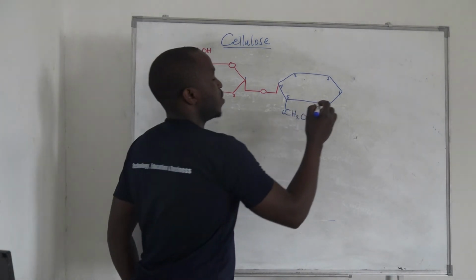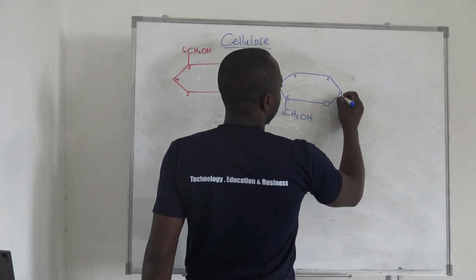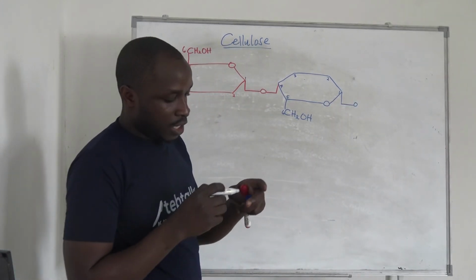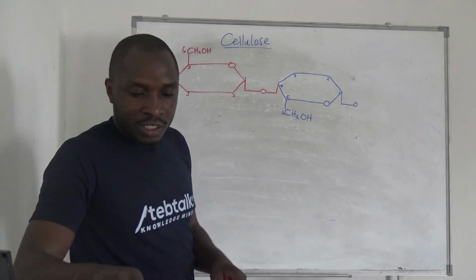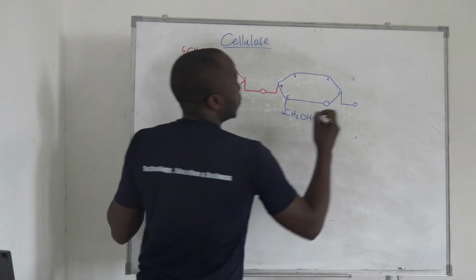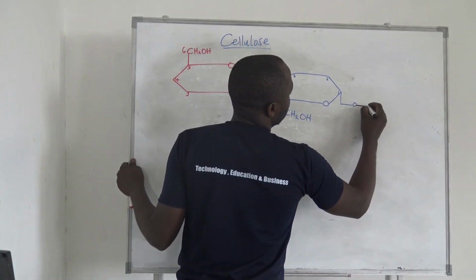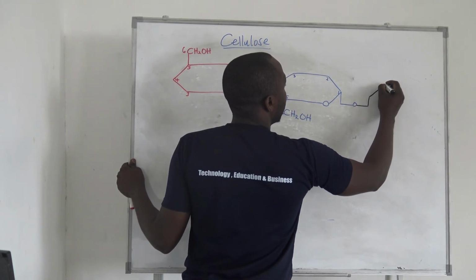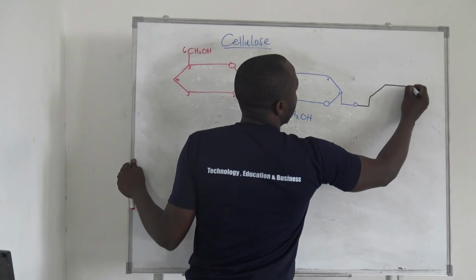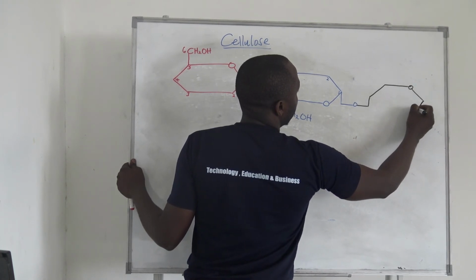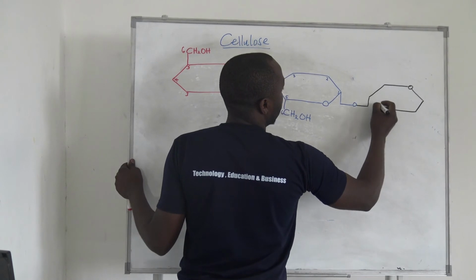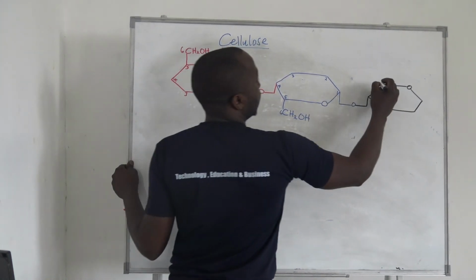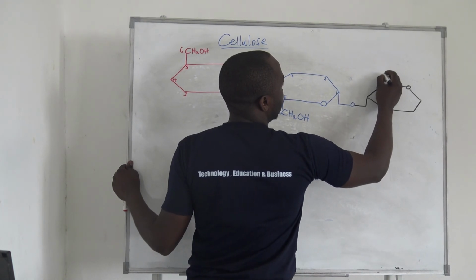How does the third one look like? Let me use another color to indicate how the third one will look like. There is a glycosidic bond there, carbon atom number 4. Like that. Then carbon atom number 6 would be a CH2OH.